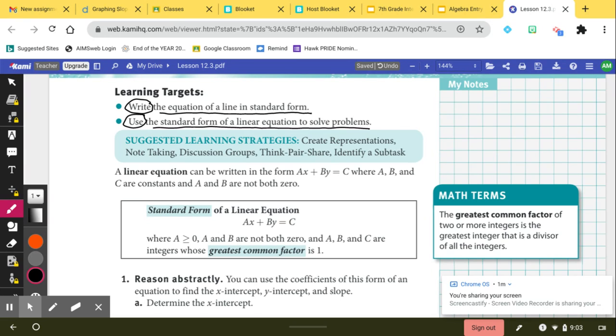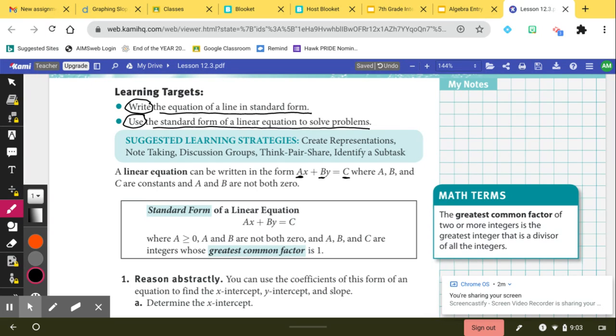Now when we were dealing with slope-intercept form, the equation gave us the slope and the y-intercept. And then with point-slope form, it gave us the slope, and then it gave us a point on our graph. I will note that for standard form, the a, the b, and the c don't really give us anything about the graph in themselves. a is not my slope, b is not my y-intercept, c is not my slope.